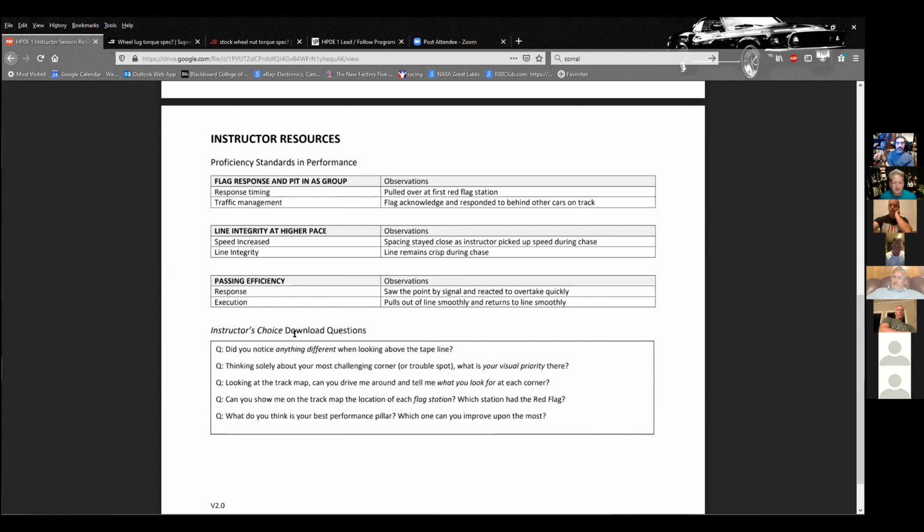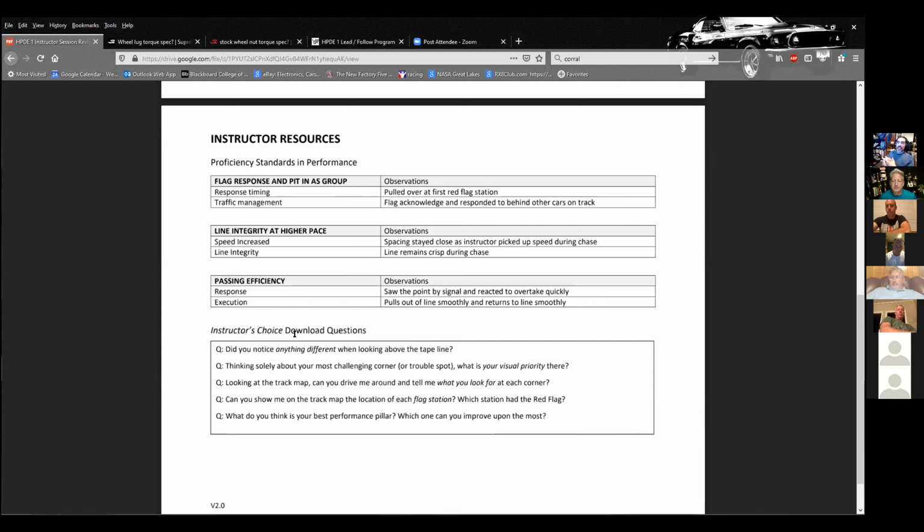When they come in, the red flag is followed by a black flag. They'll get brought back into the hot pits where you will take two drivers. They may not be your drivers. You're just going to take the first two drivers that come along and go. And now they have to earn a passing privilege. This is where that line integrity comes into play. They have to chase you while maintaining as crisp and clean a line as possible.